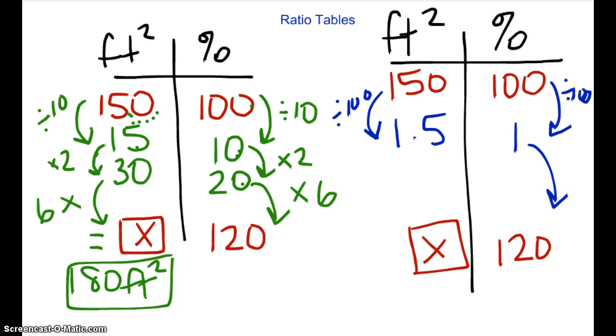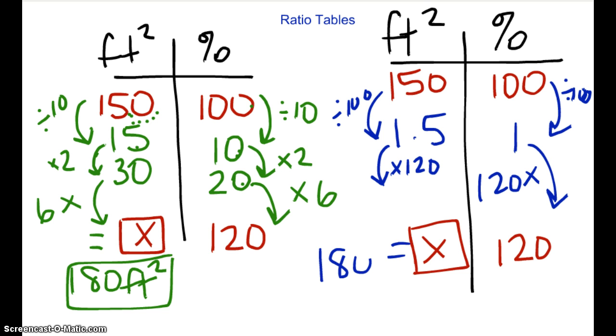Then we can always scale 1 to anything, so 1 times 120 is 120, and then 1 5/10 times 120 is 180 square feet. So get creative with your scaling, because there are lots of different ways that you can scale these problems.